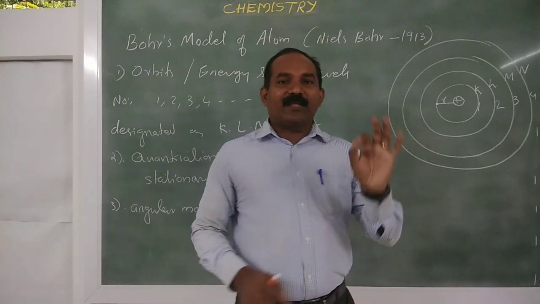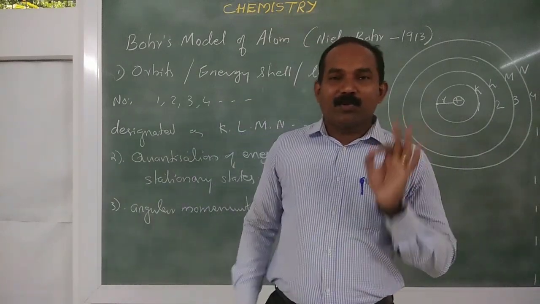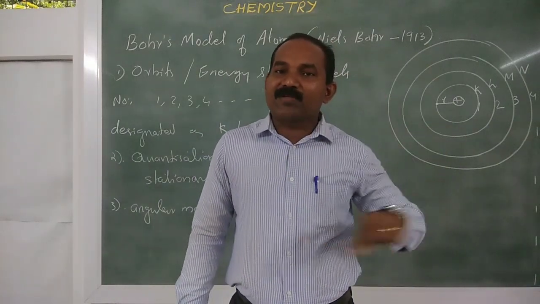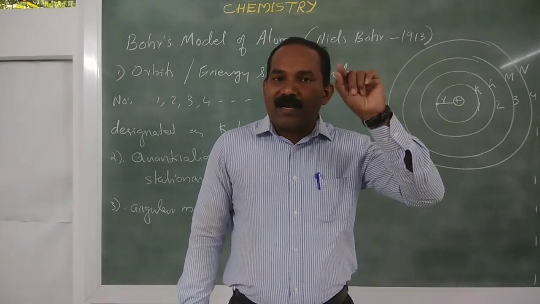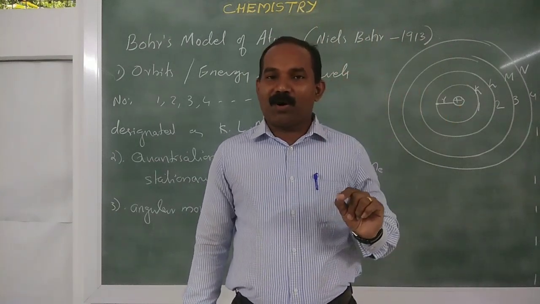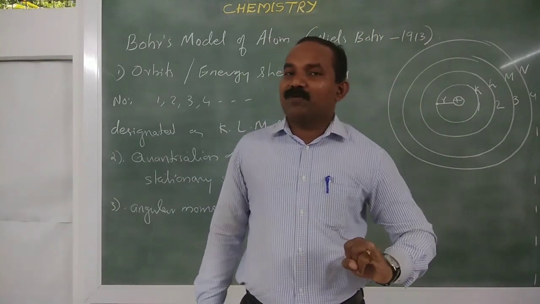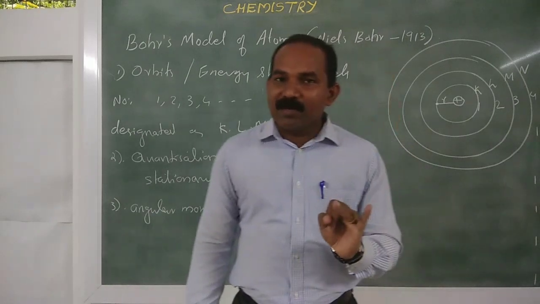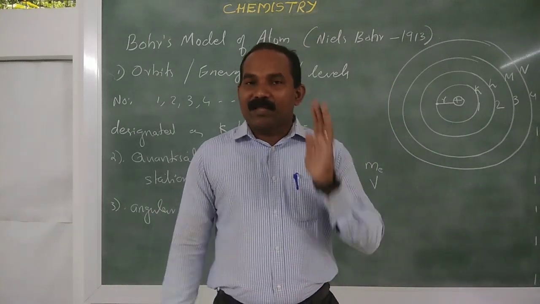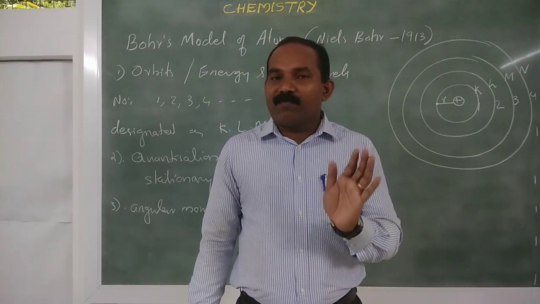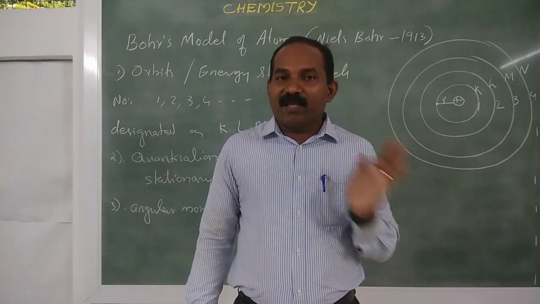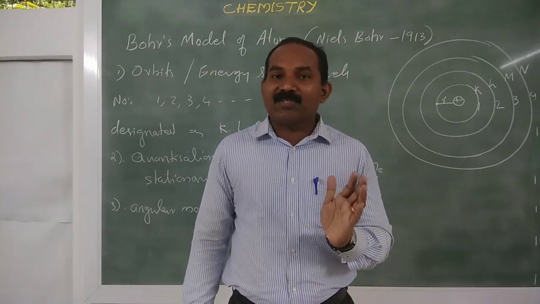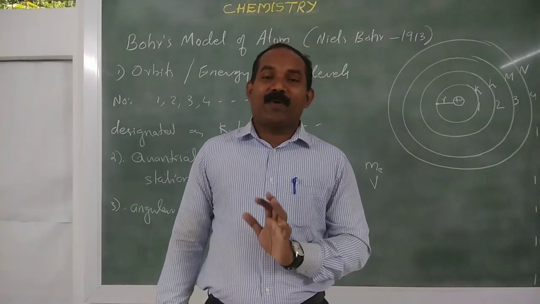If an electron is revolving around the nucleus in an orbit, r is the radius of the orbit, m is the mass of the electron, v is the velocity of the electron, thus angular momentum mvr is equal to nh divided by 2 pi.